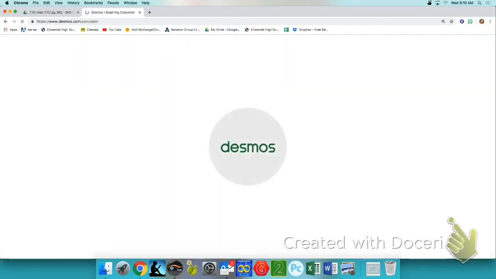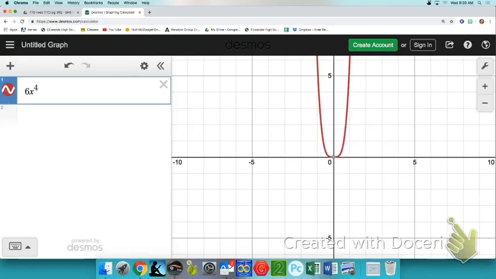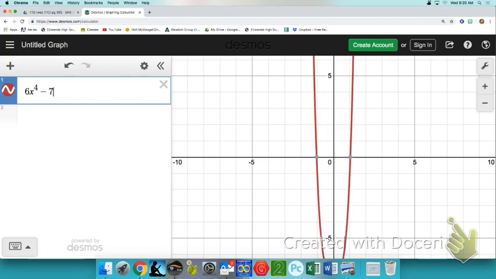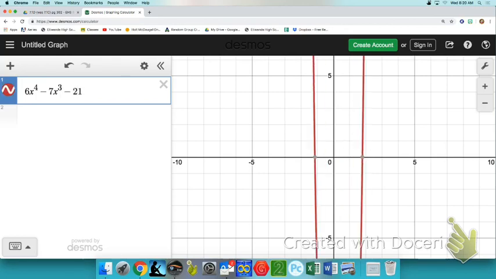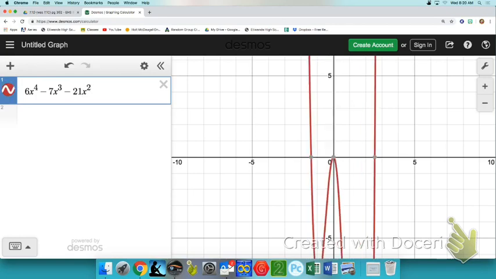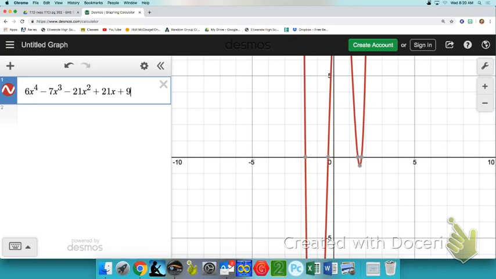Start graphing. 6x to the 4th minus 7x to the 3rd minus 21x to the 2nd. If I type something wrong, let me know. Plus 21x plus 9. Is that correct?